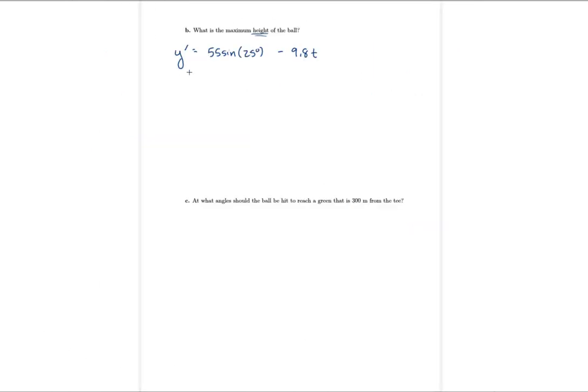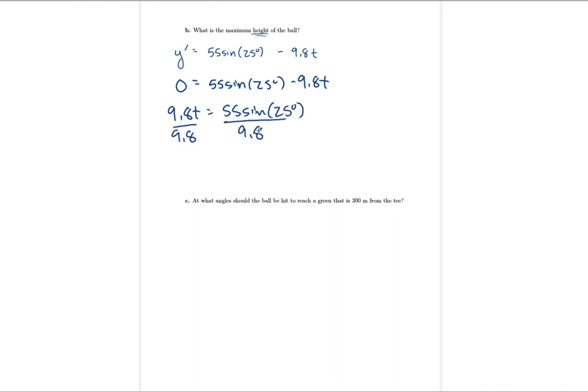And we set that equal to 0 to find when it's at its maximum. So 9.8t is equal to 55 sine of 25 degrees, divided by 9.8. So t is approximately equal to 2.37 seconds.